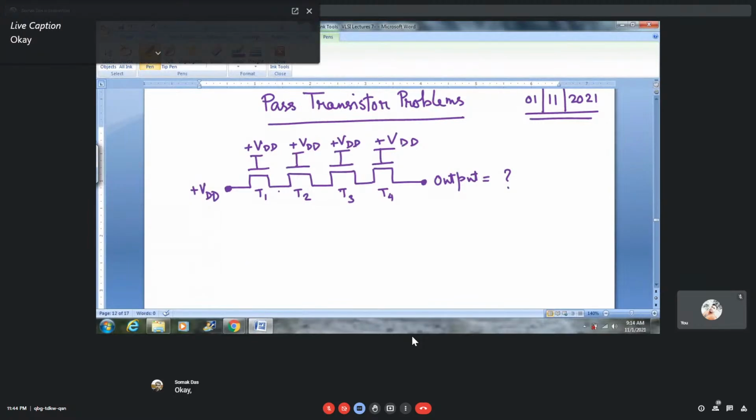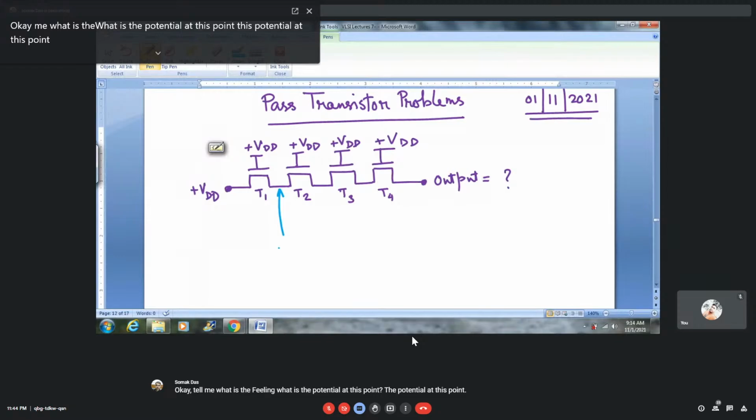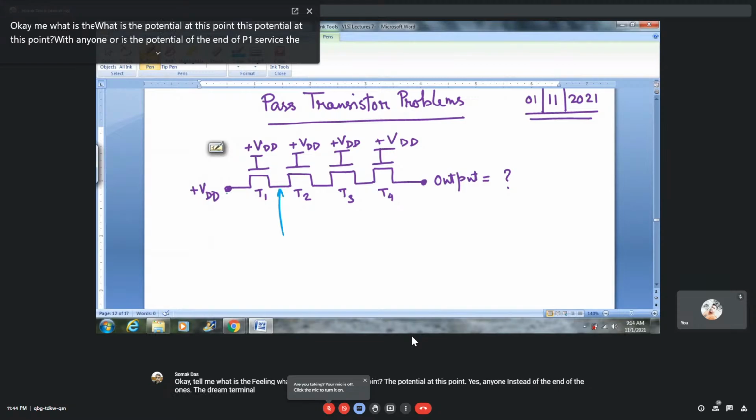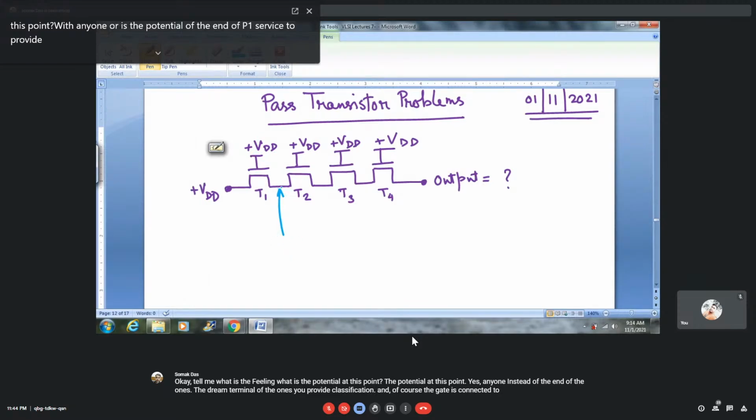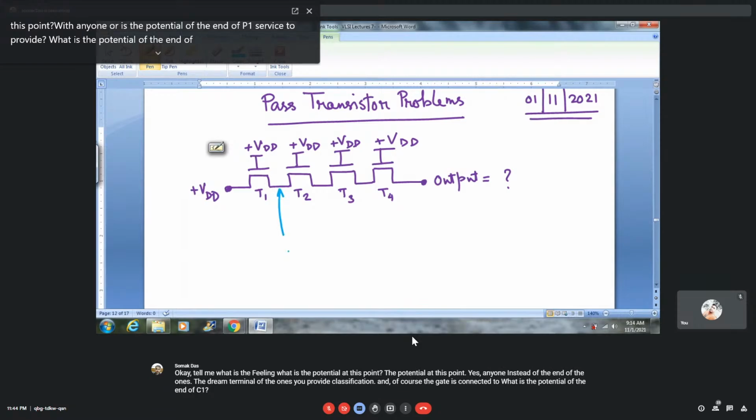Okay, tell me what is the potential at this point? What is the potential at the end of T1 transistor? At the drain terminal of T1 transistor, if you provide plus VDD at the source, and of course the gate is connected to plus VDD. So what is the potential at the drain terminal of T1 transistor?